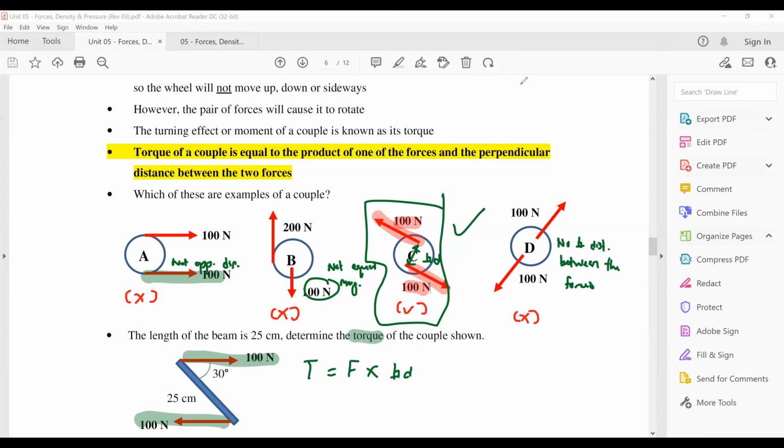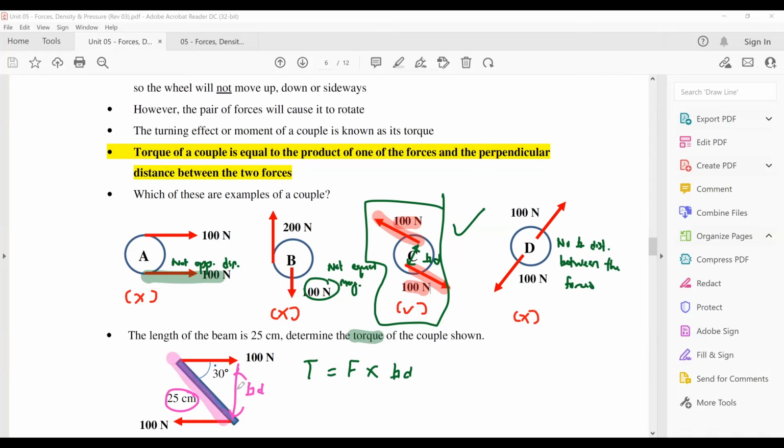But your perpendicular distance now, bear in mind, is supposed to be this. Sorry, you can't see the blue correctly here. Your perpendicular distance is this one here. Now the 25 centimeter that you see here is actually for this diagonal length.